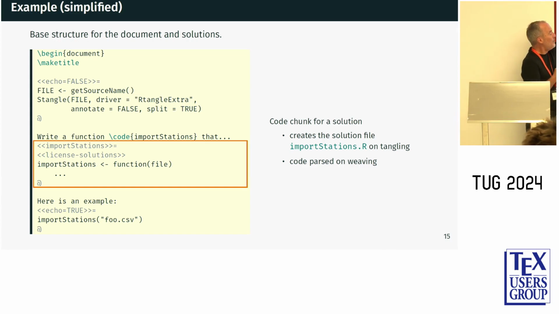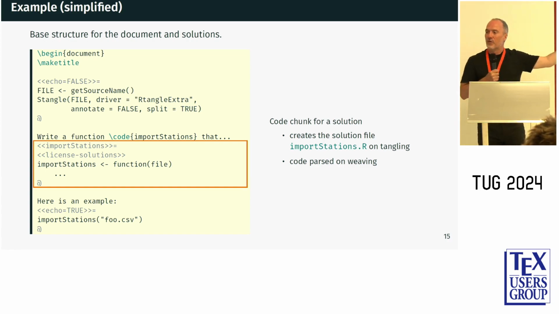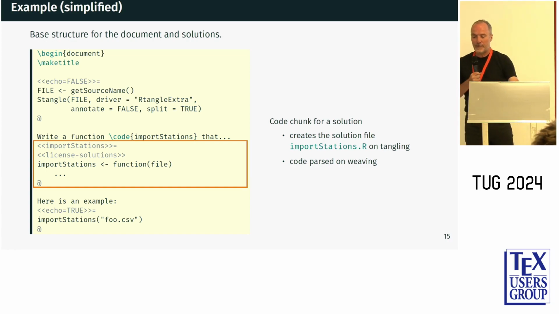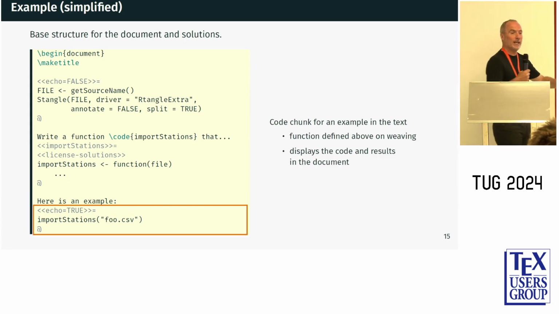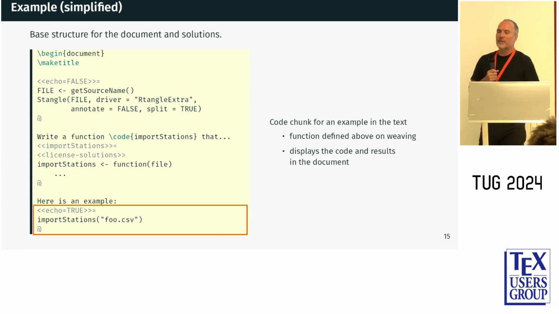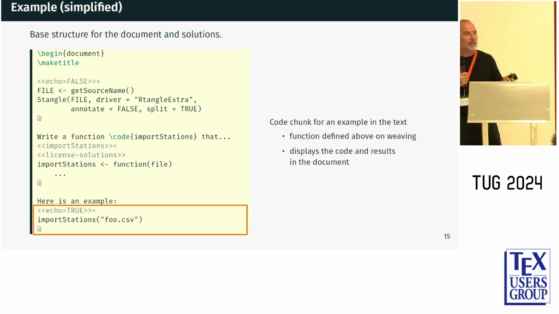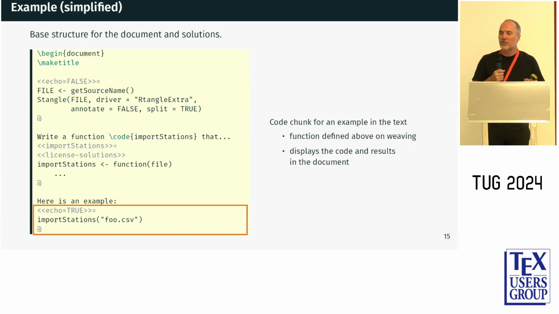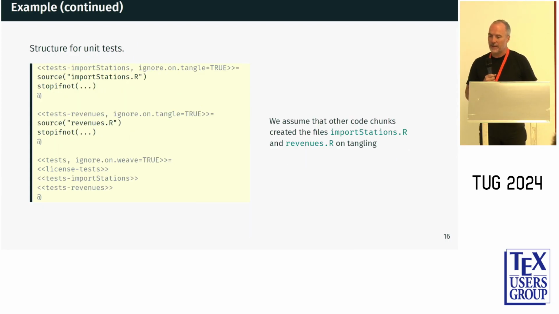On the weaving step, the code will be evaluated, and a function will be available for the following code chunks. So that, for example, later in the document, I can use the function and show usage of the function. This will be created by the weave procedure naturally, just like the usual way we use literate programming in data science.